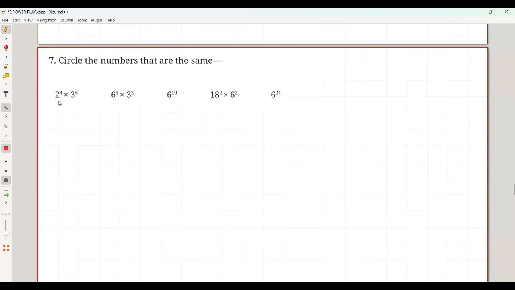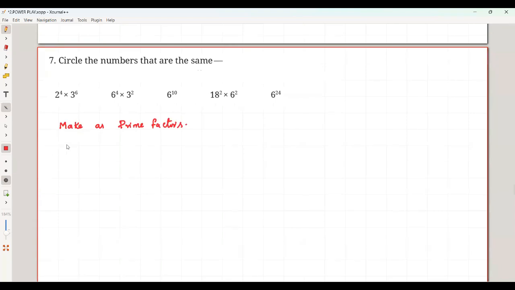So make it as prime factors. What are the numbers that are not prime? So make it as prime factors. Now 2 power 4 into 3 power 6, as it is, we will be keeping it.